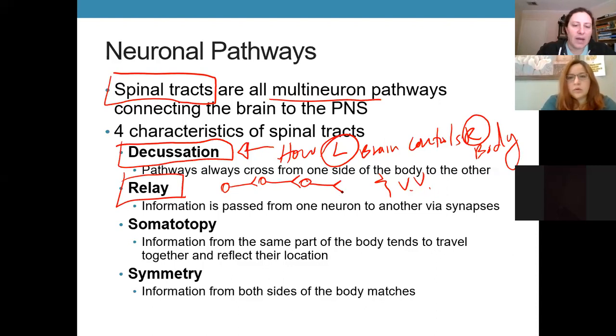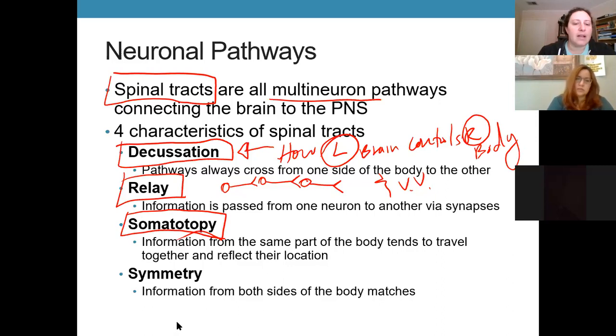Another one is somatotopy. Remember I showed you the weird little homunculus where all the sensory and motor information in your cerebral cortex is organized like a map of your body. Somatotopy is that, because we already know it's there in the brain, it's part of all the neural pathways. They are going to different areas that correspond to location.